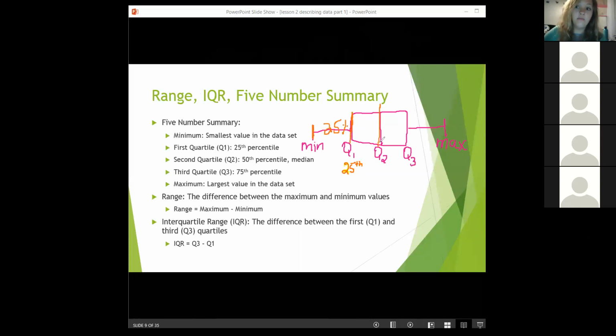For Q2, this is the 50th percentile, so 50% of the data lies below this. If you think about it, this is another 25%, because these are quartiles, quarters. Together, this is 50%. That's why it's the 50th percentile, because 50% of the data lies below this.